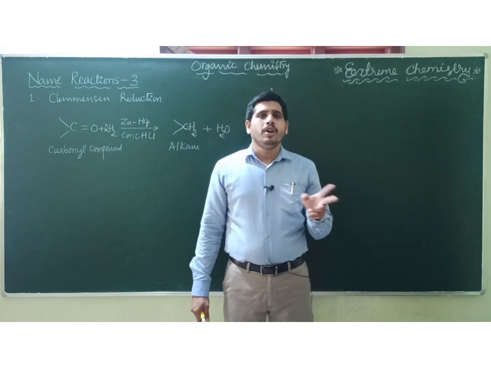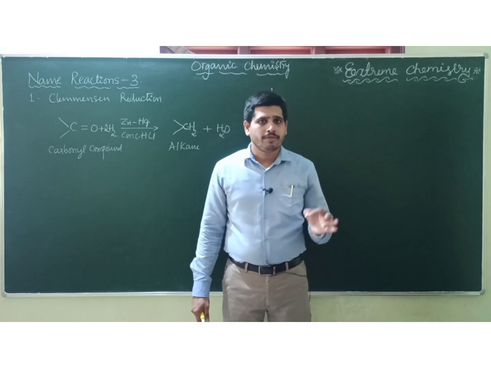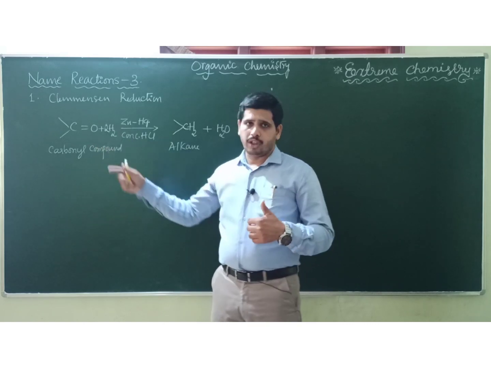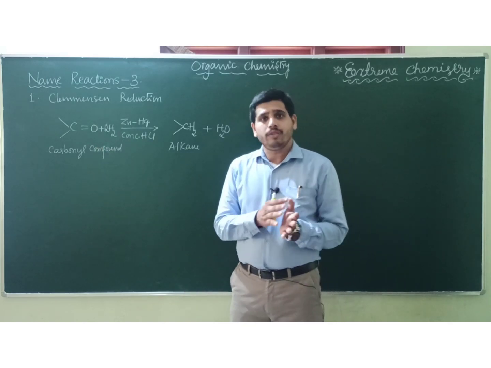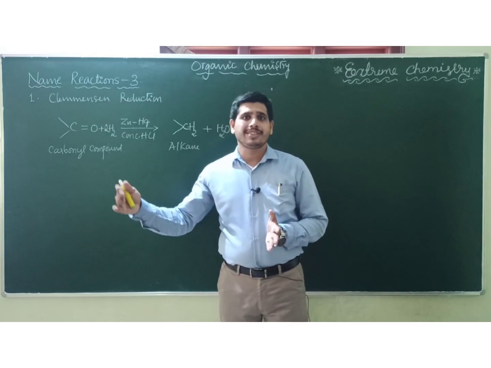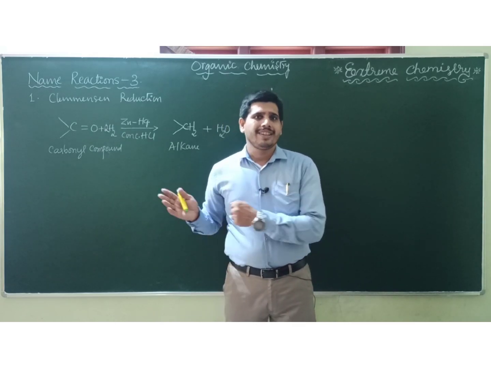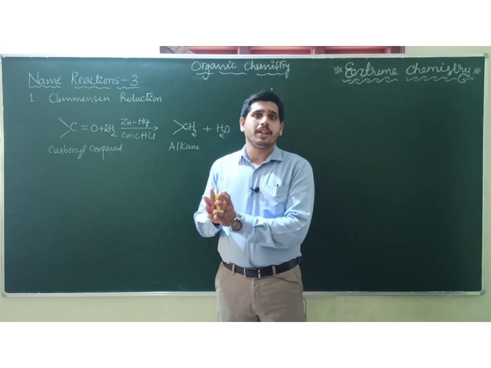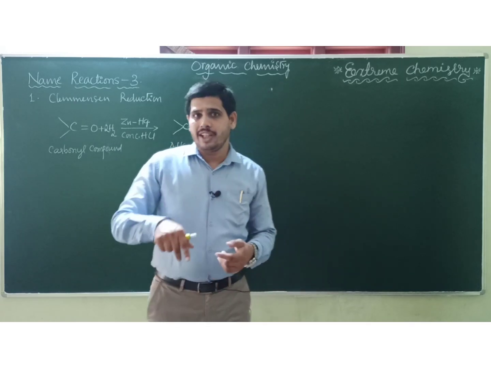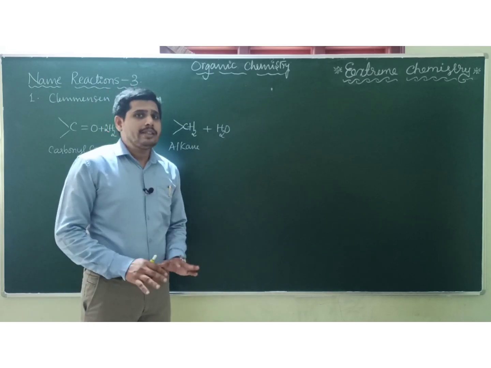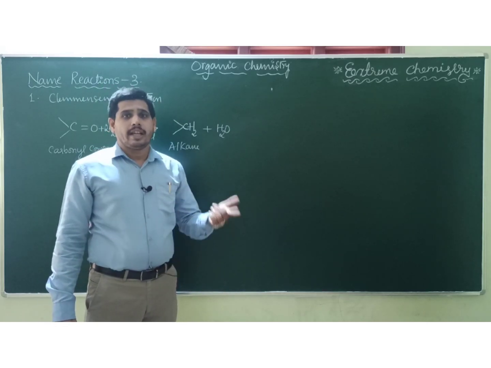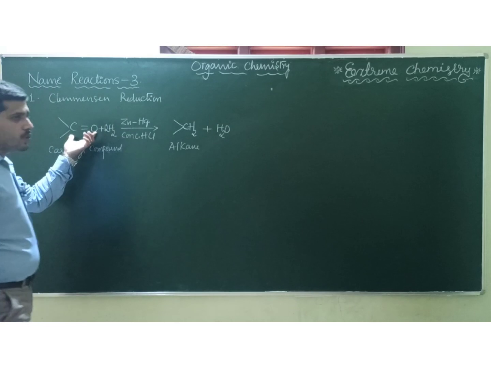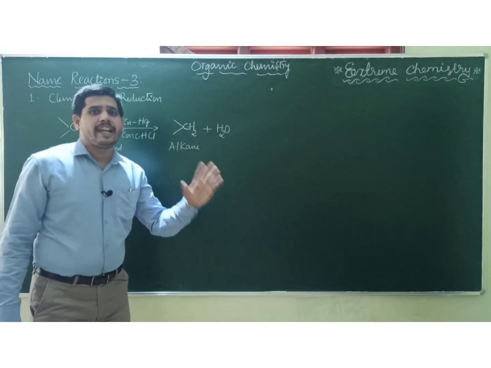So two functional groups are present. One is carbonyl, we know. If a carboxylic acid group is also present along with the carbonyl, this reducing agent cannot reduce the carboxylic group due to resonance. That's it. And also, when a double bond is present along with the carbonyl group, the double bond will be retained.